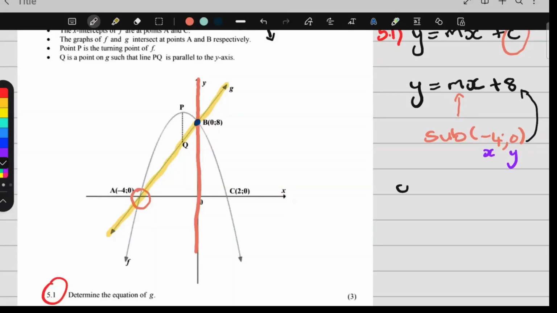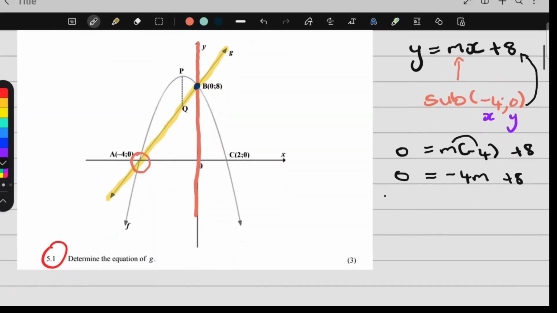So I'm going to start with 0 is equal to m times negative 4 plus 8. This is now negative 4m plus 8. I'm going to take the negative 4m over, so a positive 4m. This is now 8. Divide by 4. And I get my m to be 2.